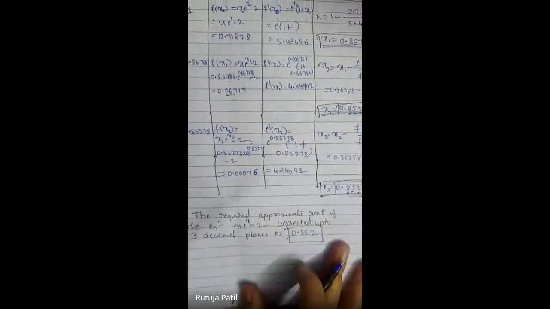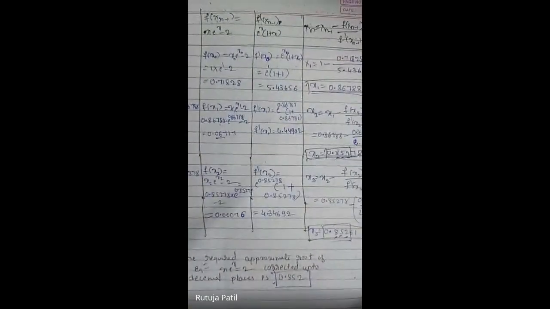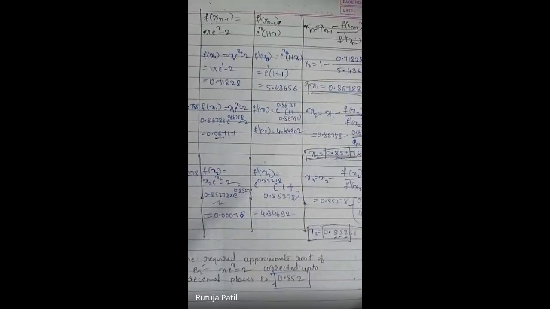So this is how we perform the calculation to find the approximate root using Newton-Raphson.